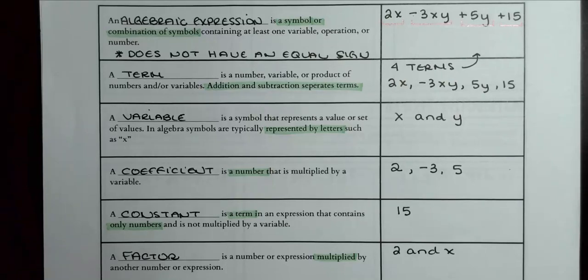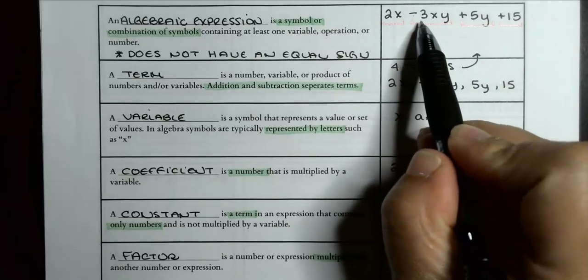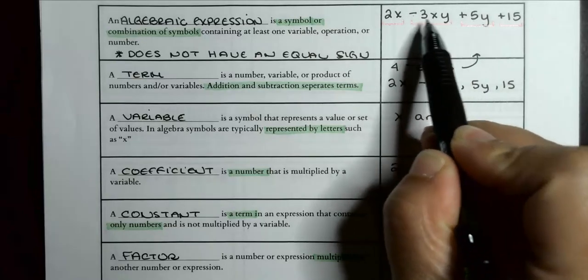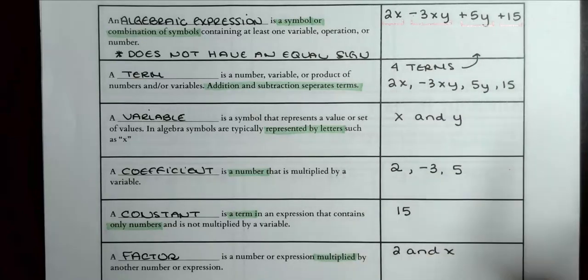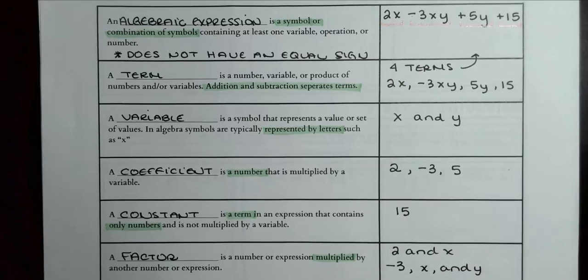So there's multiplication involved. All right, if we look at the next one right here, we can see that we have three things. We have a -3, an x, and a y. So we can say that -3, x, and y are factors of each other because there's multiplication happening there.